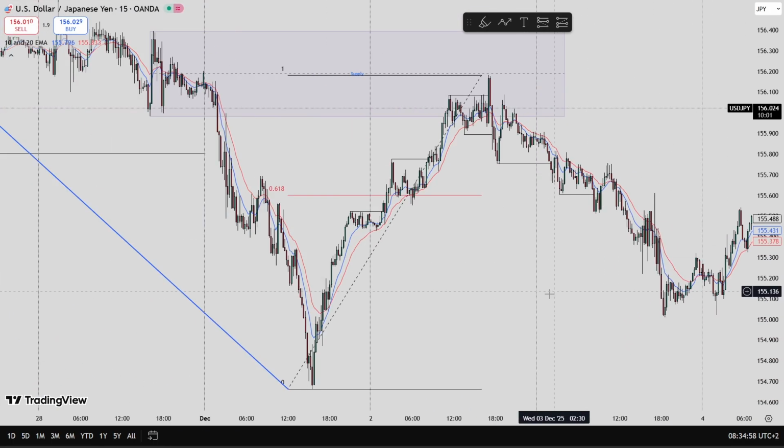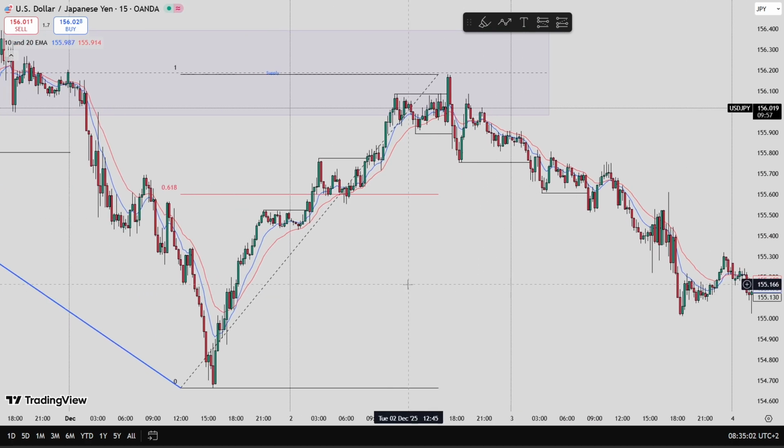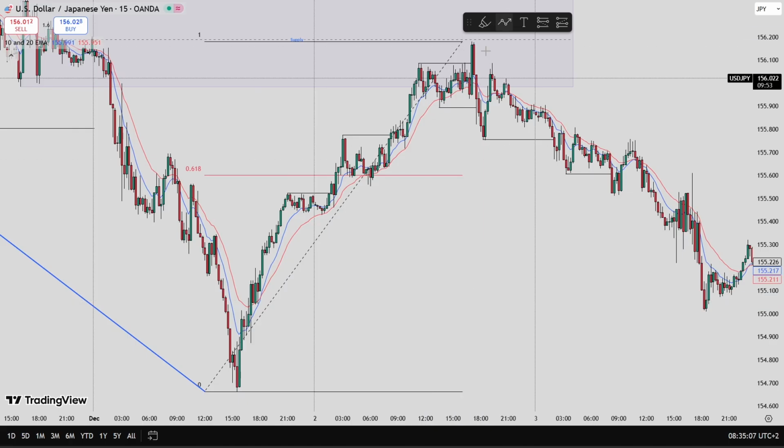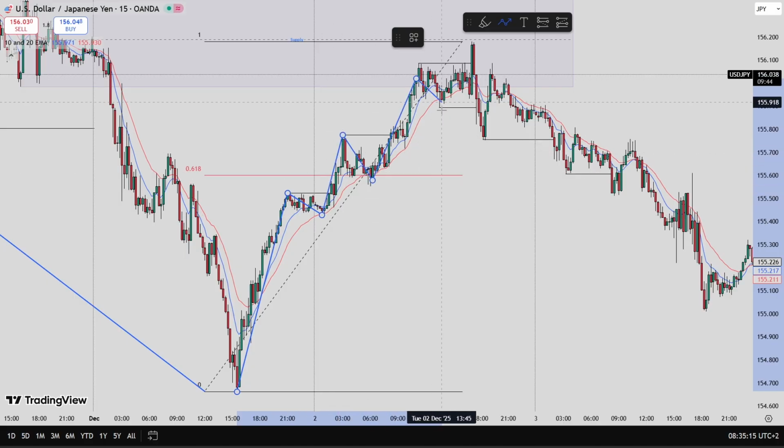So don't mind the AMAs. Essentially, what I'm looking for is, from the swing low, as you can see, the market is taking a series of higher highs and higher lows, a higher low, and then a higher high.